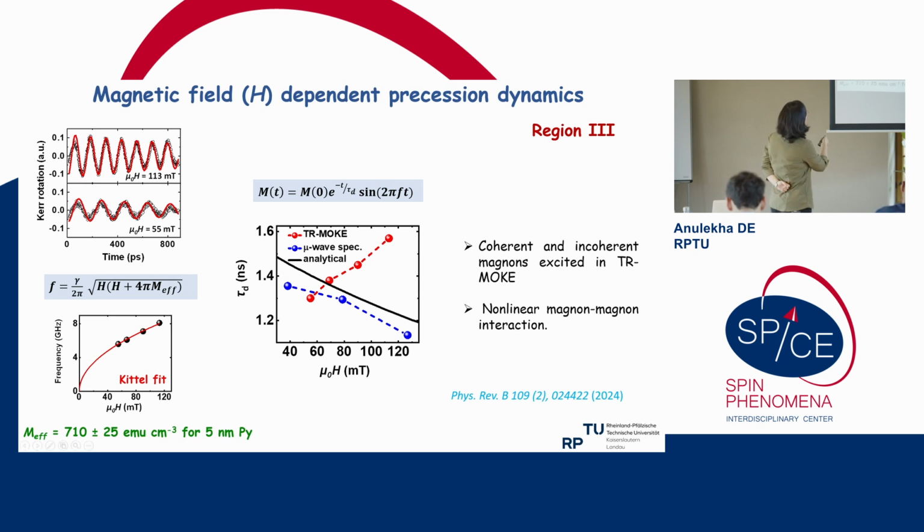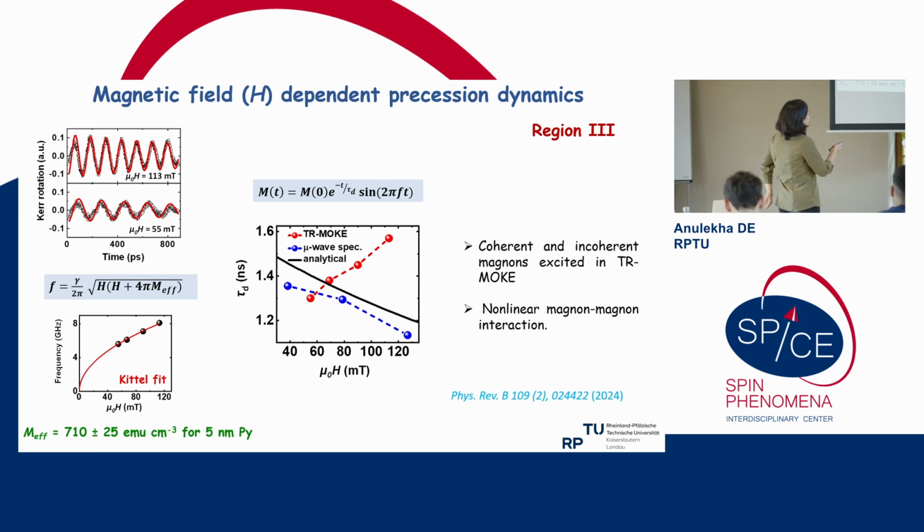When we plot the frequencies versus magnetic field and fit the data with the Kittel formula, we can extract the saturation magnetization of the sample, which is similar to what we obtain in permalloy. But the interesting thing is, we have fitted this time resolved data with a damped sinusoidal function to extract the lifetime of precession.